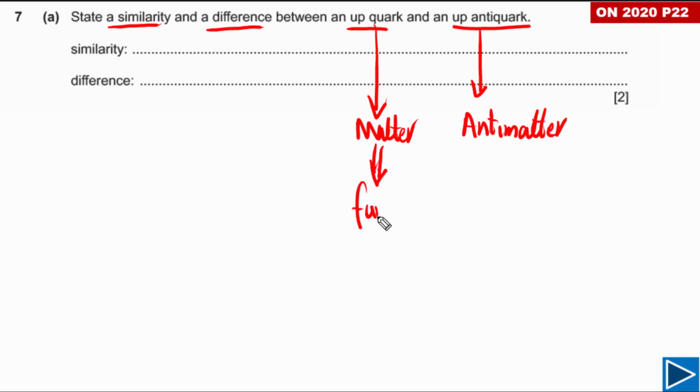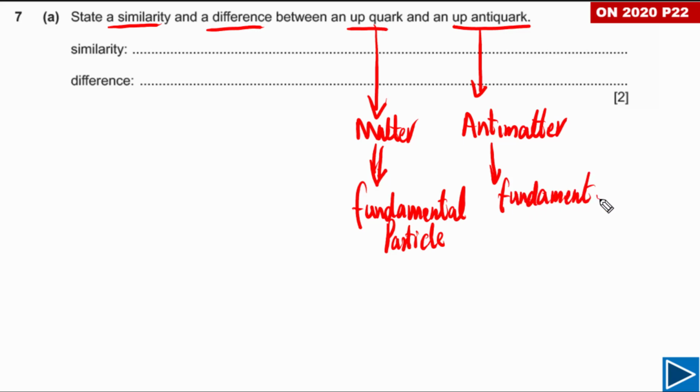And what is similar between these two? These are fundamental particles. Quark is a fundamental particle and anti-quark is also a fundamental particle. The next thing we can say is about the charge.